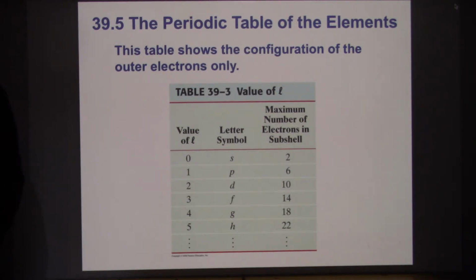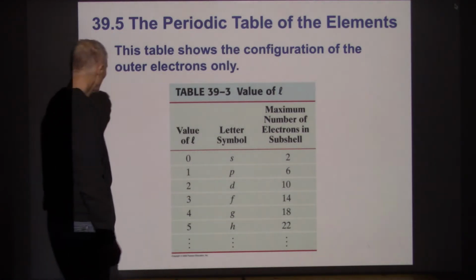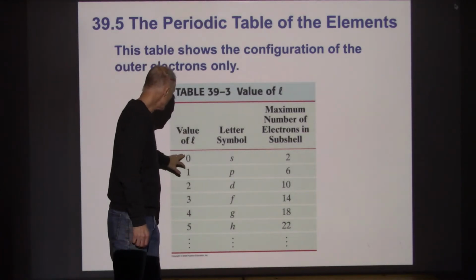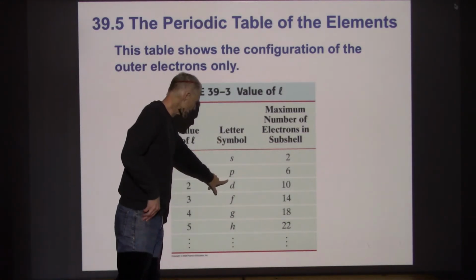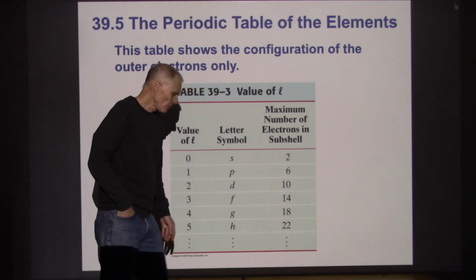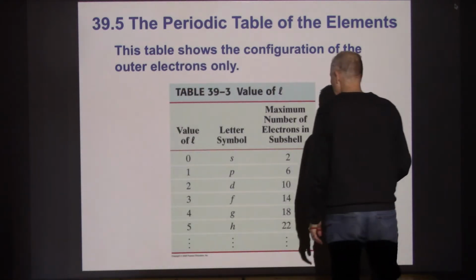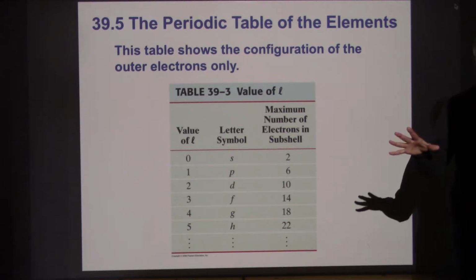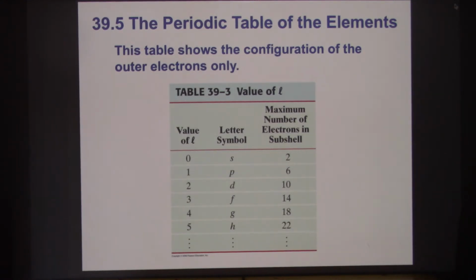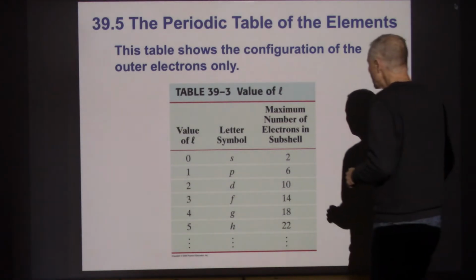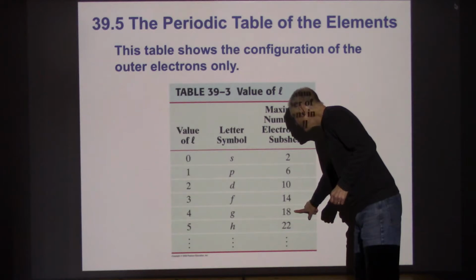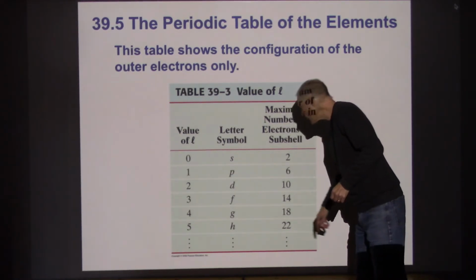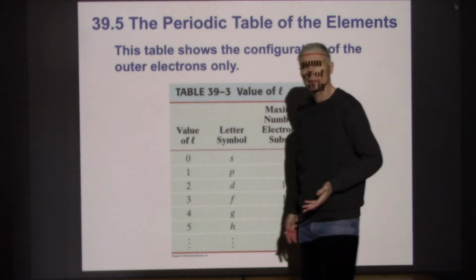Okay, and here's what we saw with the different values of L. Each value of L has a different letter symbol that goes along with it. Now it turned out with the periodic table, we were able to place all 118 elements, all the way up to element 118. And for the ground states of those elements, we did not have to include any G or any H state, although those have been identified.